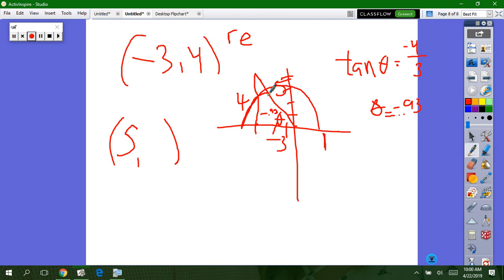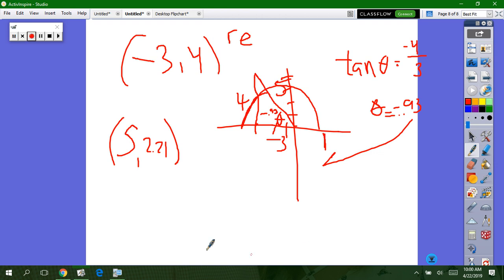Go pi minus that answer? Because remember, this is down here and I'm up here. Somebody? Pi minus 0.93? 2.21. And that looks like a good angle, doesn't it? Out 5 radiuses at an angle of 2.21. Does that look equivalent?